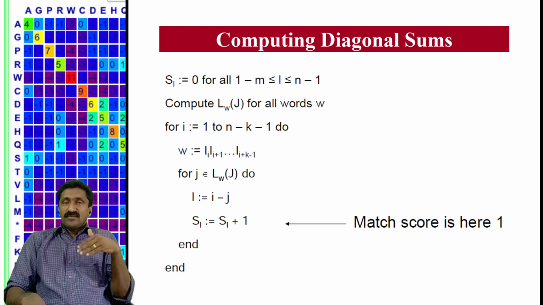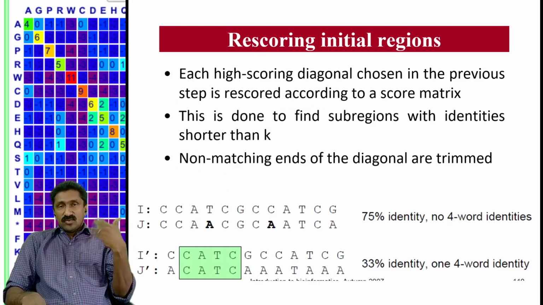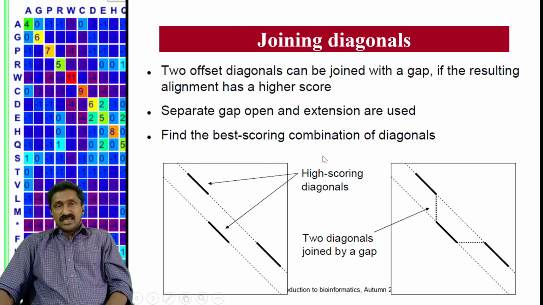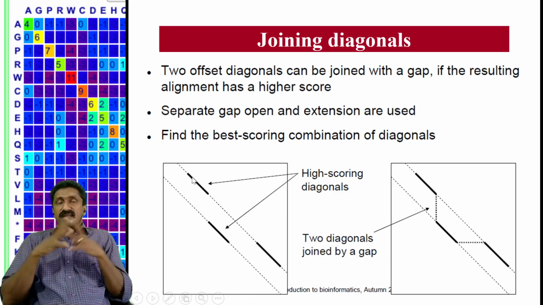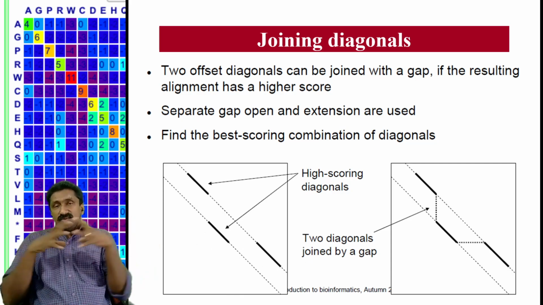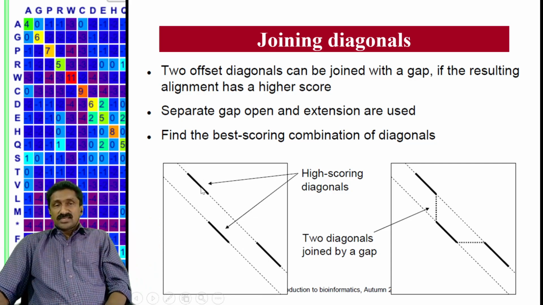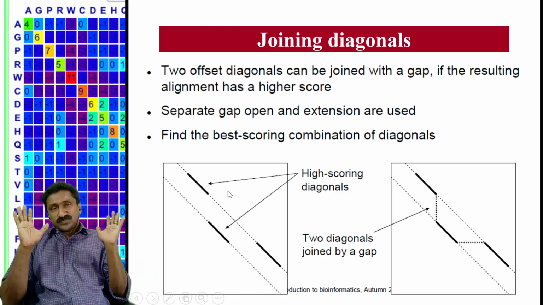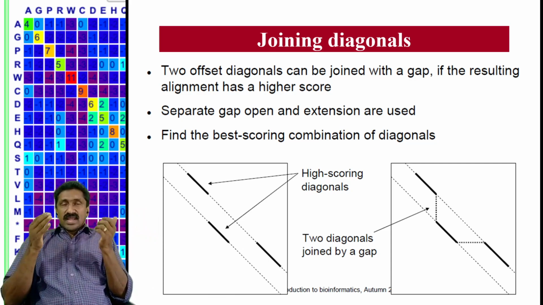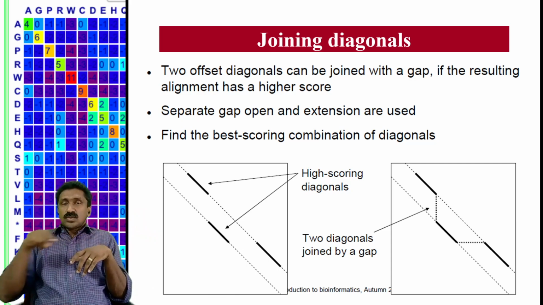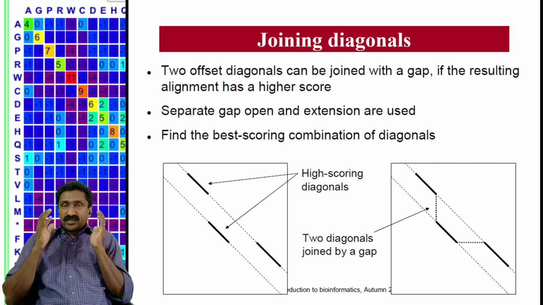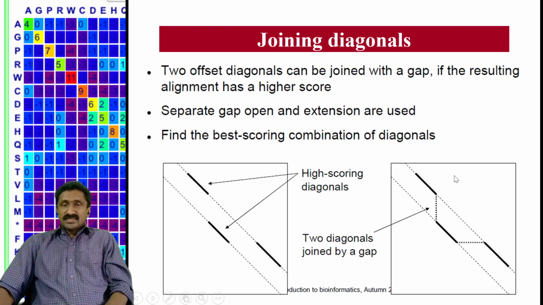So for every score in the word match, they will incrementally add one value, and finally you will have, say, this case. So these are the maximum possible diagonals that will be identified. Say 10 diagonals with the maximum length will be identified, and these are the high scoring diagonals, and the others can be ignored, because we are actually trying to connect the longest scoring diagonals, and once we identify the longest scoring diagonals, then the next step is connecting these diagonals by inserting gaps.